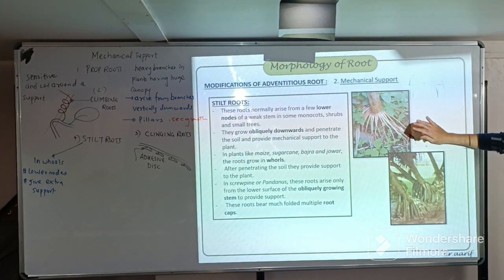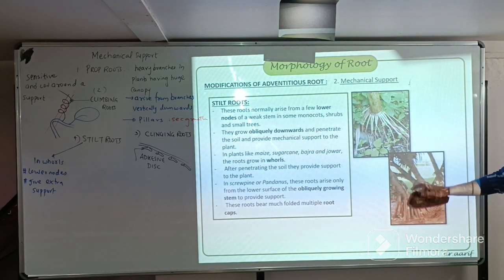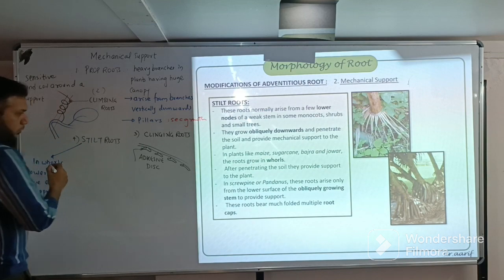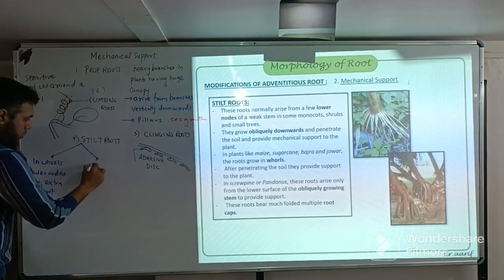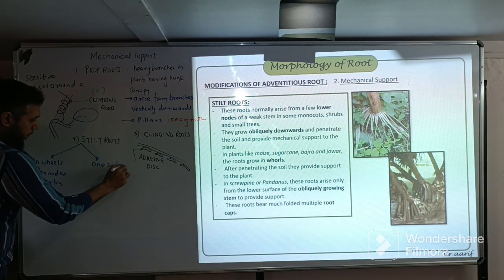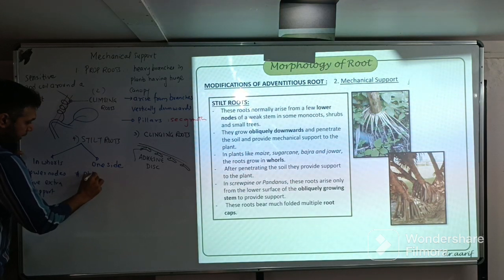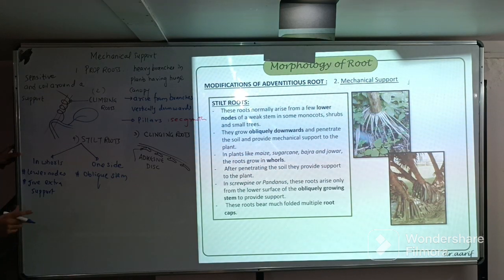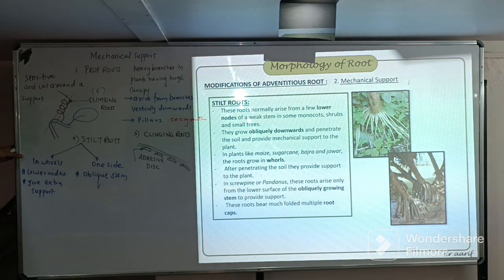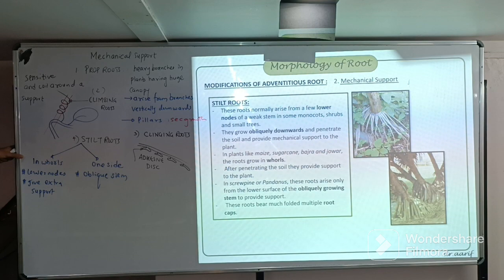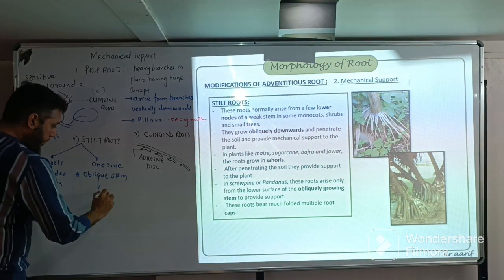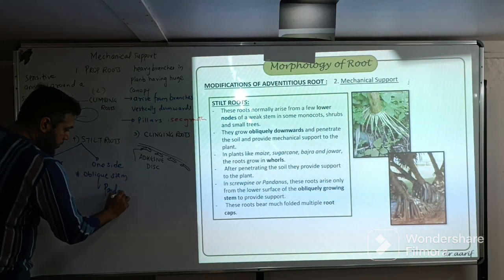So these are also stilt roots, but are they in whorls or only from one side? Only from one side. An example of that stilt root is this plant that I've shown here, which is known as pandanus, or in Hindi it is called kevda. So here it was in whorls, and here it was only from one side because the plant is having an oblique type of stem. One thing about pandanus I had told you in the last lecture: it has multiple root caps.